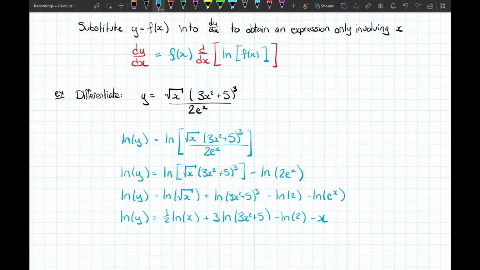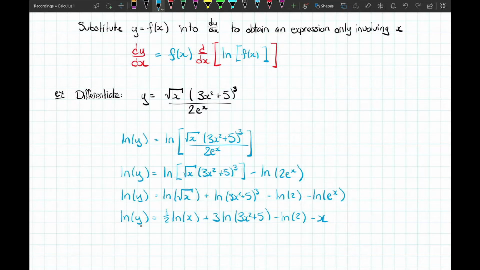We're finally at a stage where, if we look at what we need to do for the derivative, we only really need the chain rule. We've gotten rid of all of these additional products and quotients, and we've actually got rid of most of the chain rules as well. There's really only a chain rule where we look at the logarithm of 3x squared plus 5. We can't split that up.